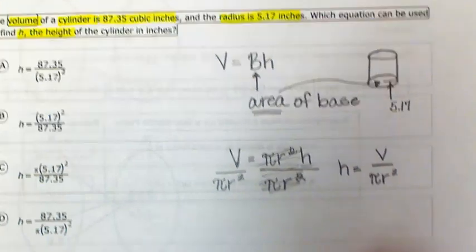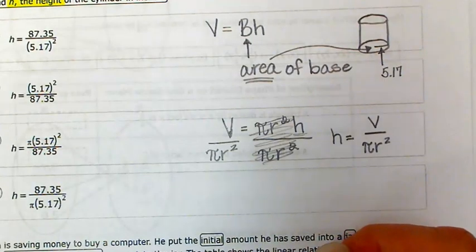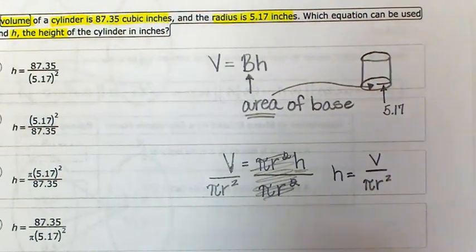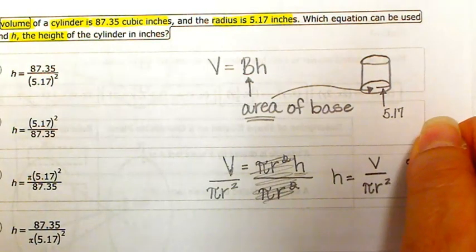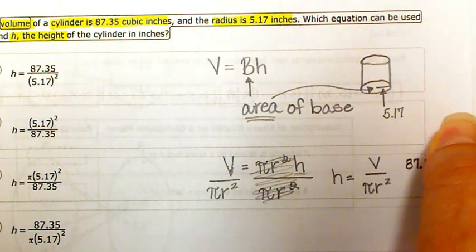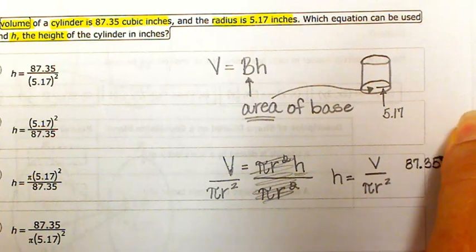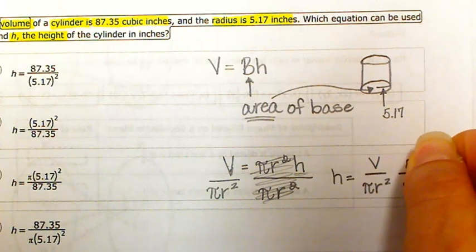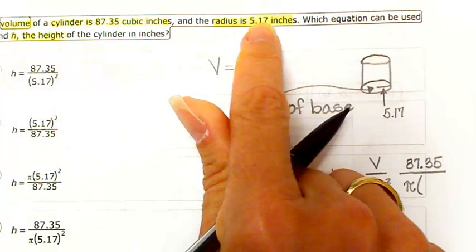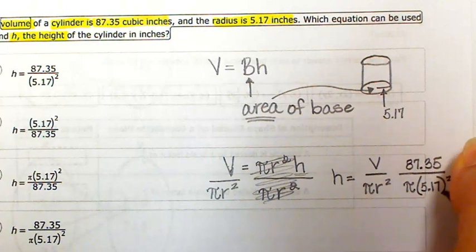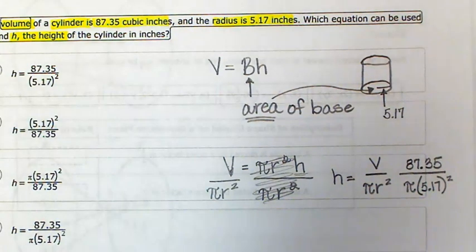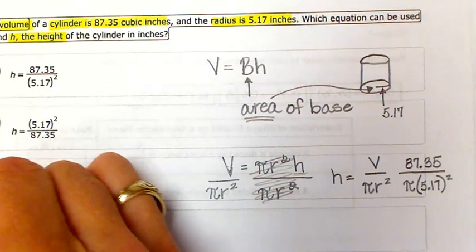Now, the only other thing I have to do is figure out where the numbers that they gave me are going to go. Volume is 87.35, so it's going to go up here, divided by pi times radius, 5.17 squared. And then I go shopping for an answer, and that's going to be answer choice D.